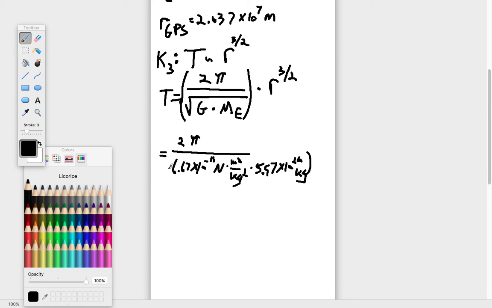And then this whole thing is square rooted down here. And then this is also times, this is getting wanky, 2.637 times 10 to the seventh, and then this is cubed and then square rooted.